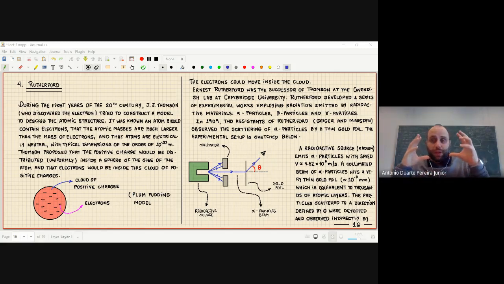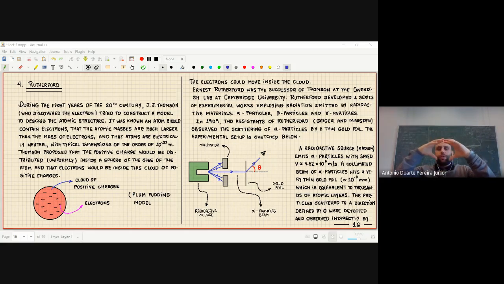But there is an atomic model, due to a Danish physicist called Niels Bohr, that was extremely important for the development of quantum mechanics. And the crucial question that made Bohr consider this model was the following.